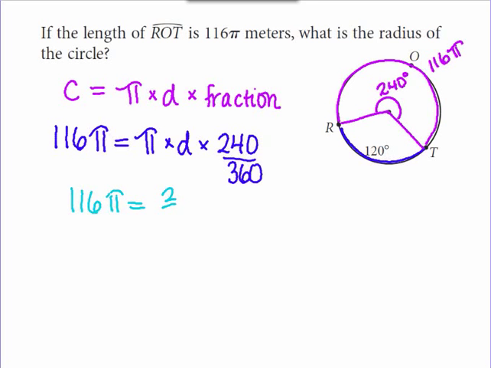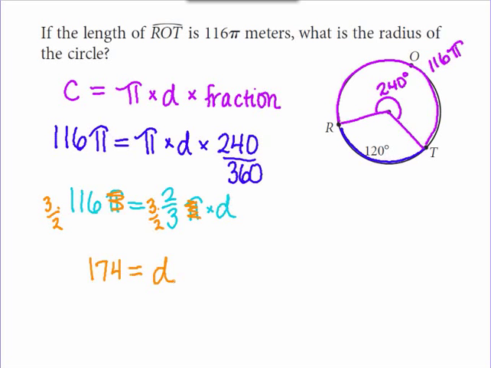So I've got 2/3 pi times d. What do you know about your pi's? They cancel. So really I have 2/3 times d. So I'm going to multiply that by 3 halves on both sides. What is 116 times 3 halves? 174. And that's going to equal my diameter.